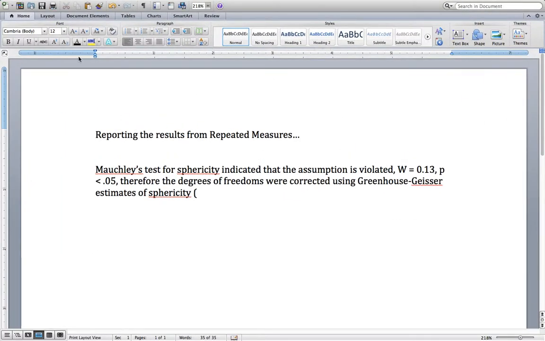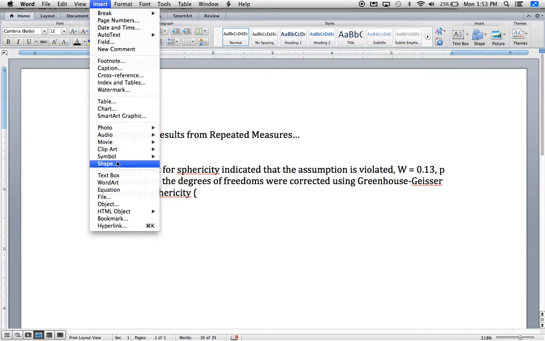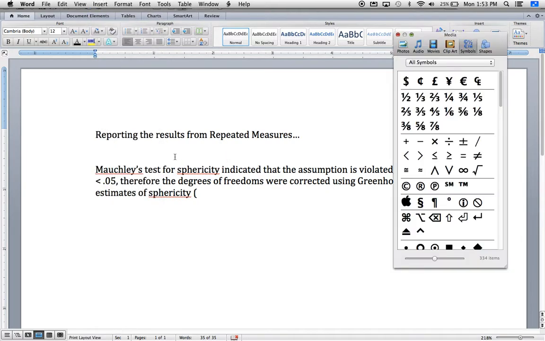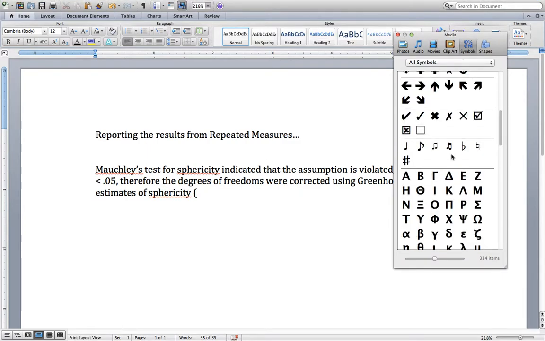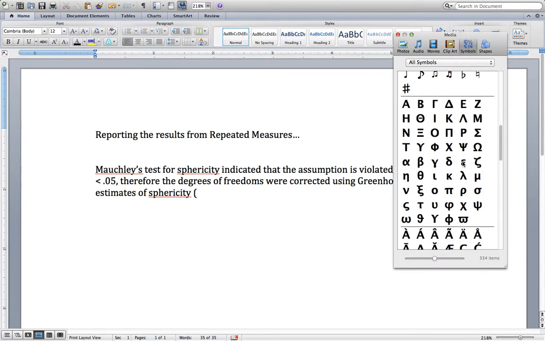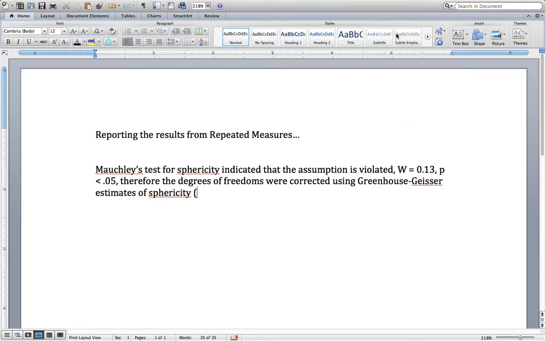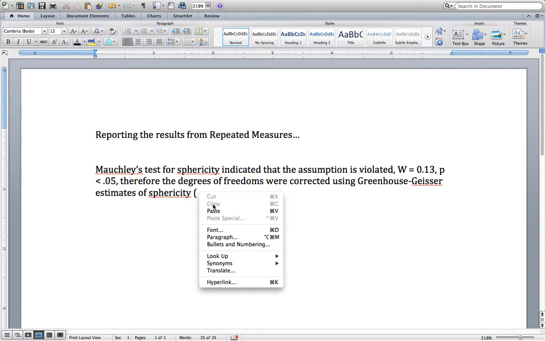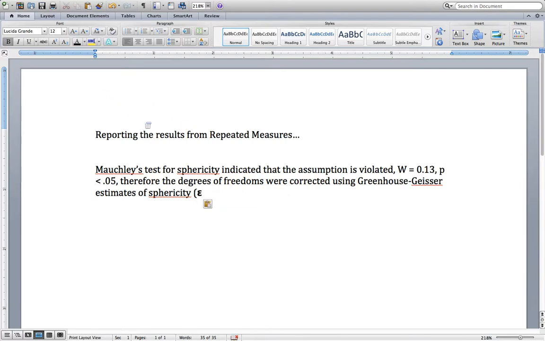So we've got to work a little bit here. Let me just go ahead and show you this. We go to Insert, go down to Symbol, go to Symbol Browser, and go to our Greek alphabet, and there's epsilon. Copy it, close it down, paste it. Now, it'll paste that in some wacky typeset.